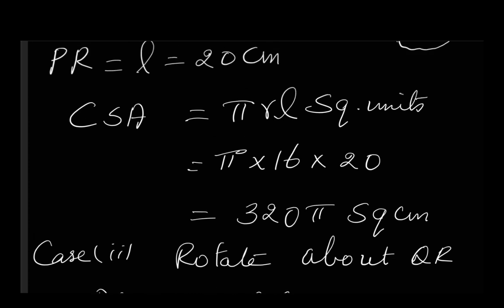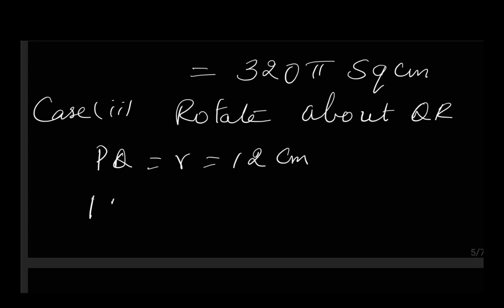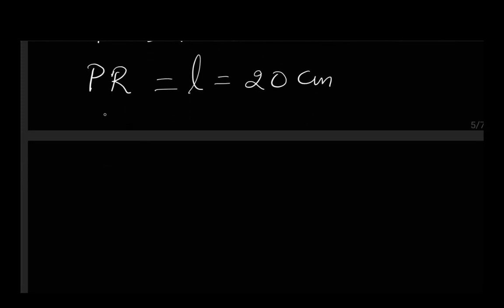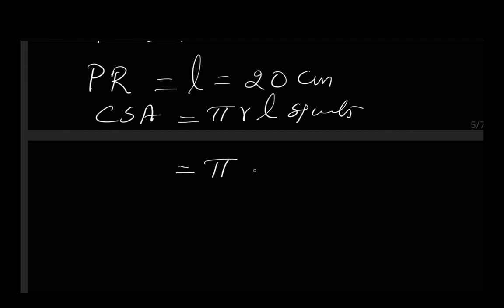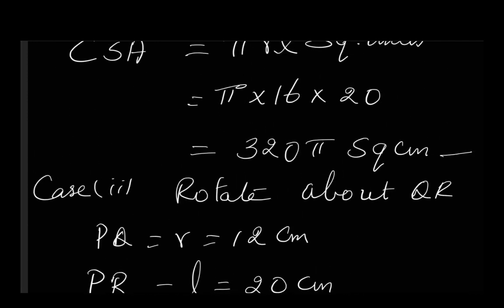And PR is the same hypotenuse, PR is equal to L is equal to 20 centimeter. So what is the curved surface area? Curved surface area is equal to pi R L square units. Keep pi as it is, then 12 into 20, which is 240 pi square centimeter. So let me mark this as answer 2 and the earlier one as answer 1.